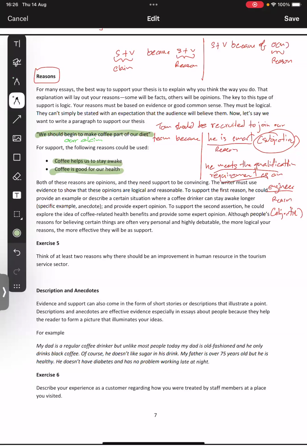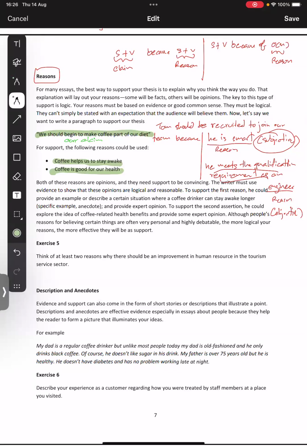So those two are okay reasons. They are okay, but they don't have any weight to them yet. It's just a couple of sentences, it's not strong enough. You can't convince somebody to drink coffee just by telling them that, look, coffee can help you to stay awake and coffee is good for your health. It's not enough, right? You need more explanation. So we need to add some explanation.